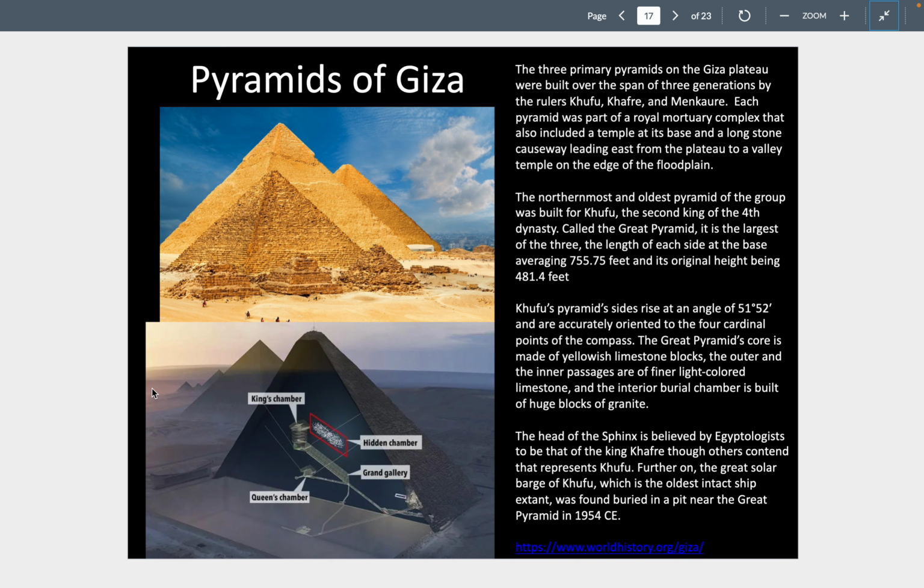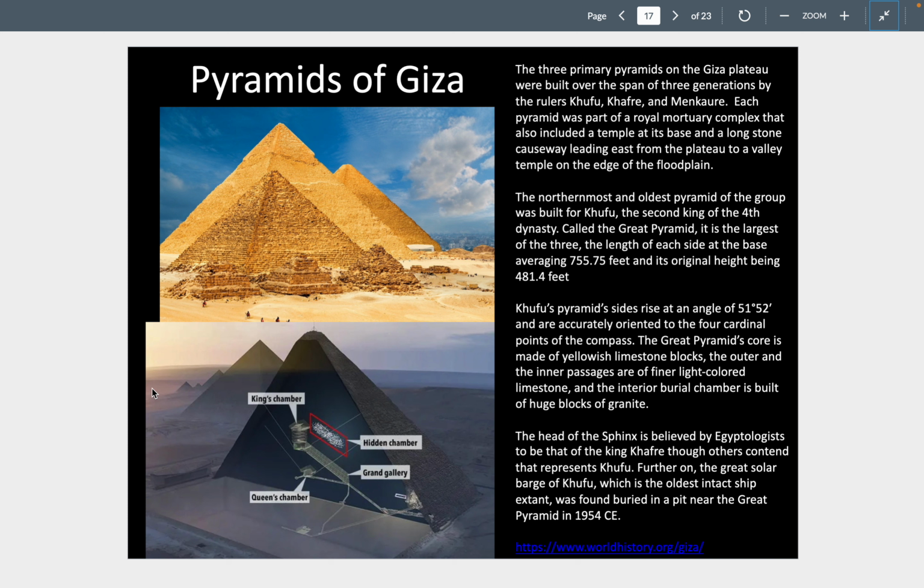The pyramid's core is yellow limestone blocks. The outer and inner passages are finer light-colored limestone, and the interior burial chamber is built with huge blocks of granite.